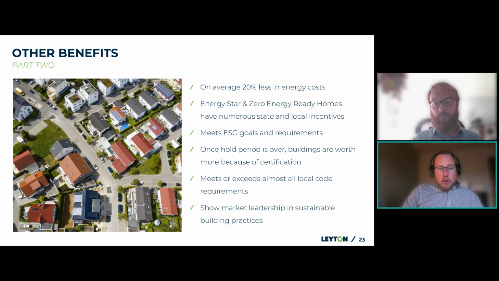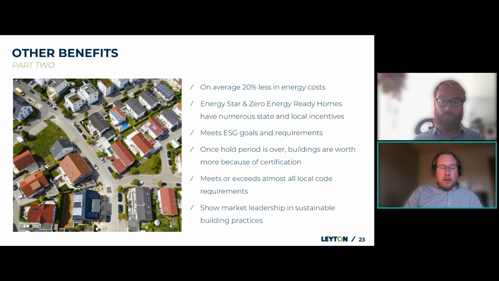Tenants generally like a more energy efficient building, so there are some marketing aspects that come from that. The state usually also has energy incentives and rebates available for adherence to these programs, or components that get purchased for inclusion in these programs. And additionally, there's support of environmental stewardship goals for companies. There's value add included in these properties.